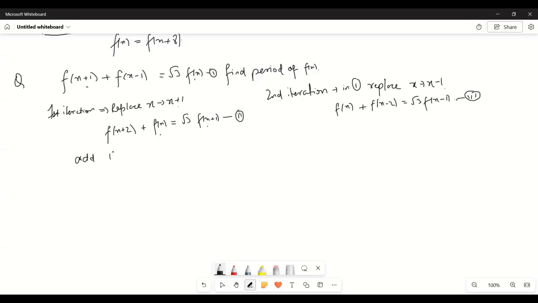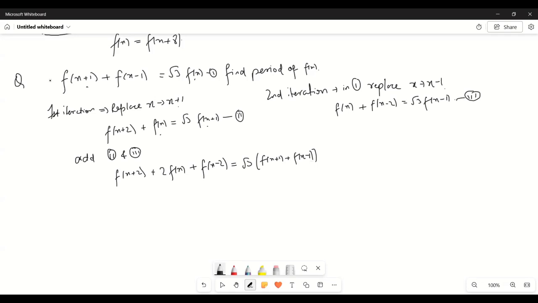Add 2 and 3. So we'll have f of x plus 2 plus twice of fx is equal to, plus one more term will come, plus f of x minus 2 is root 3 times f of x plus 1 plus f of x minus 1.